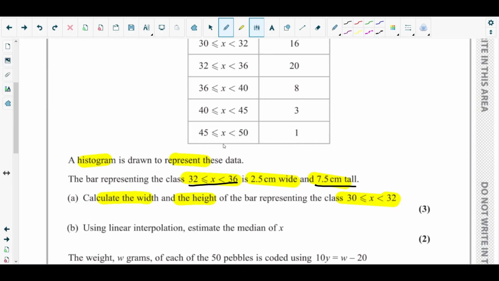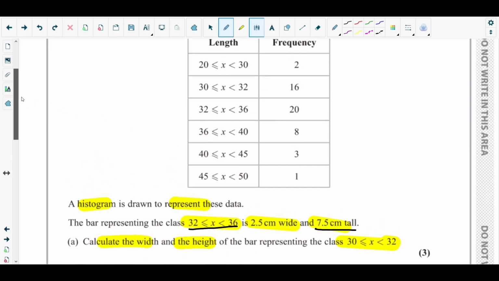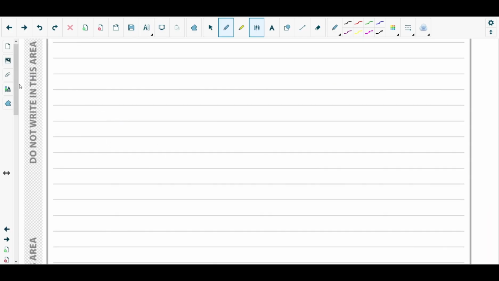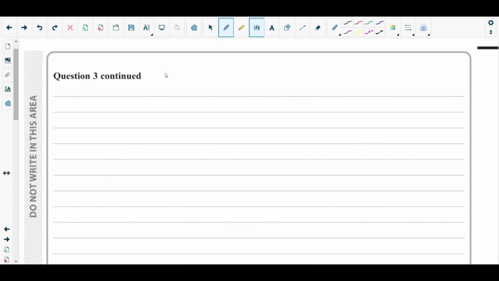For this class let's find out the frequency density. 20 over 4, that is 5. That means for 5 frequency density, the height is 7.5 centimeter.